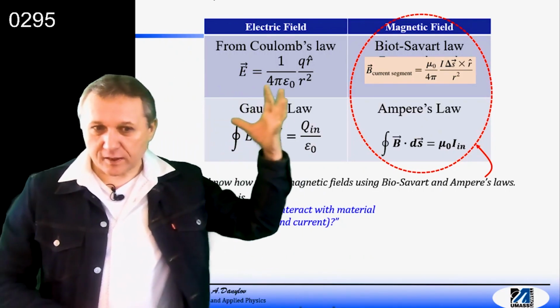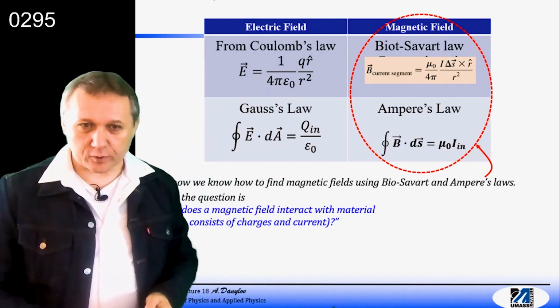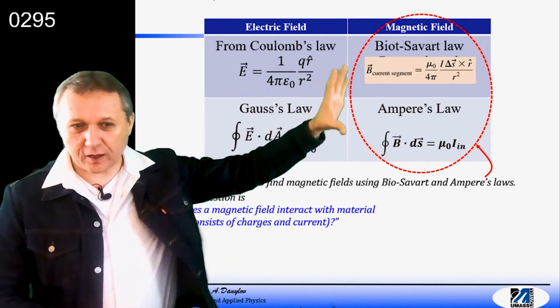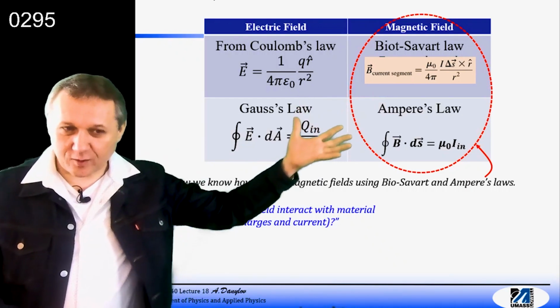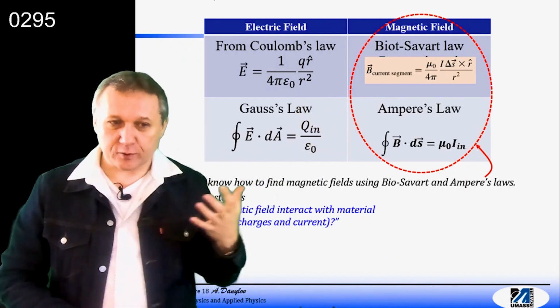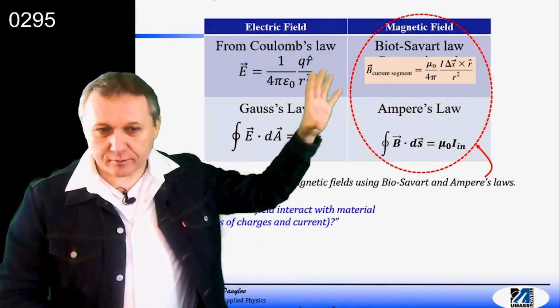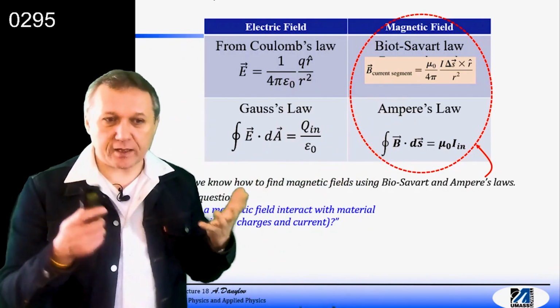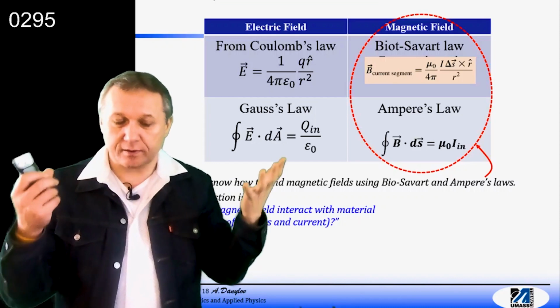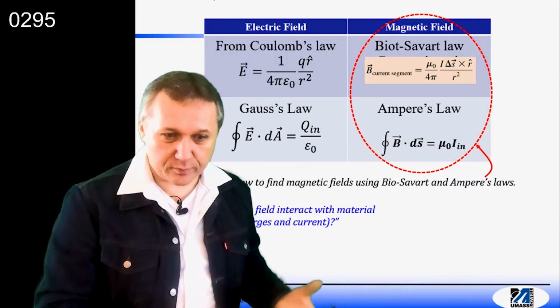And now there must be a very similar situation in the world of magnetism. So now we know how we can find magnetic fields, but now we need to introduce the formula which would describe interactions of this field with any material. Again, inside the material, there are tons of point charges.